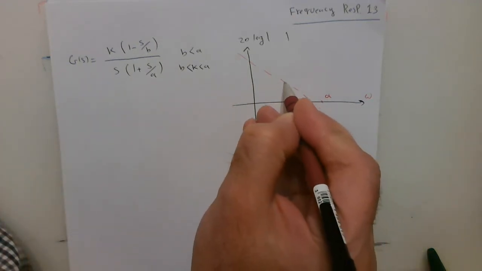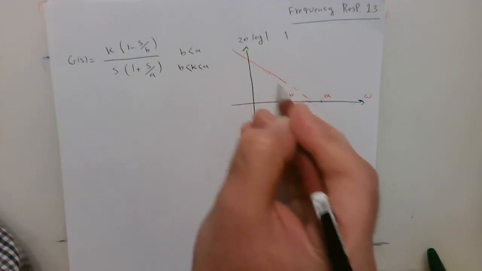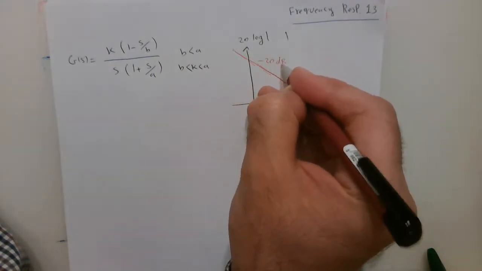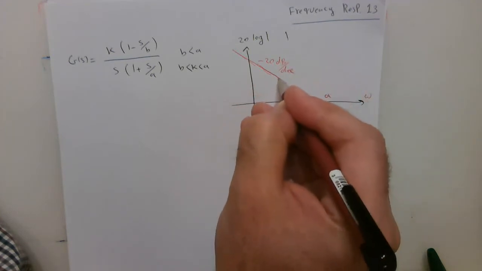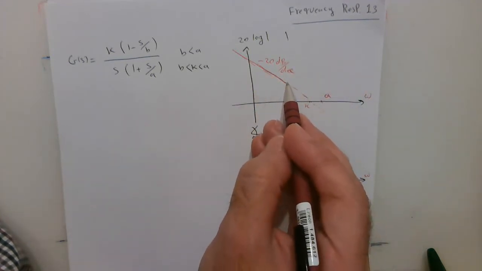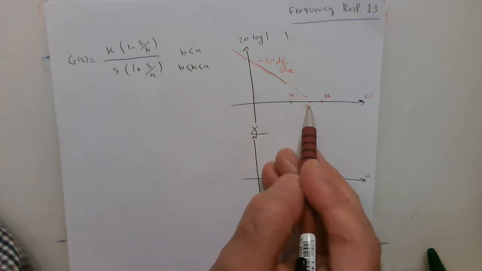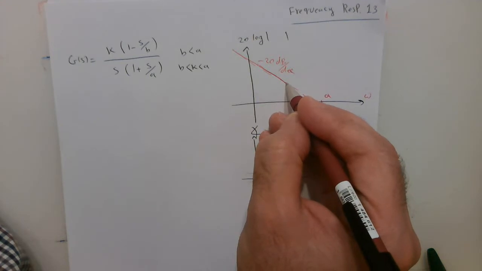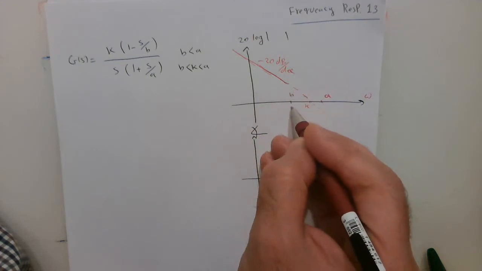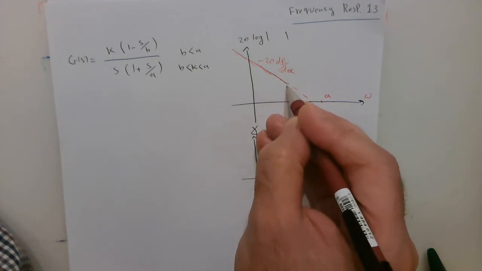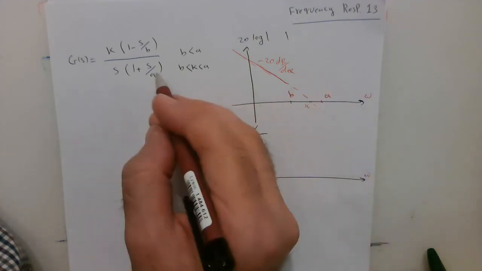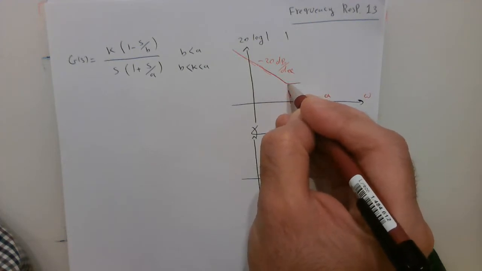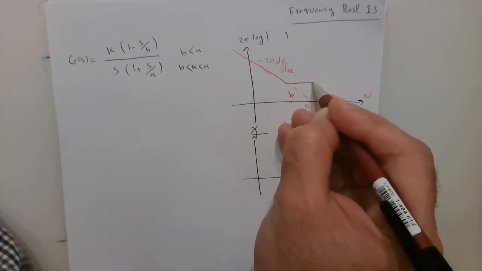So here the magnitude slope is minus 20 because of the integrator, and if there wasn't any 0 here, it would cross the axis at K. But because the 0 has happened here at omega equal b, it will increase the slope by 20 dB per decade. Therefore here it would be flat, so it would be constant.